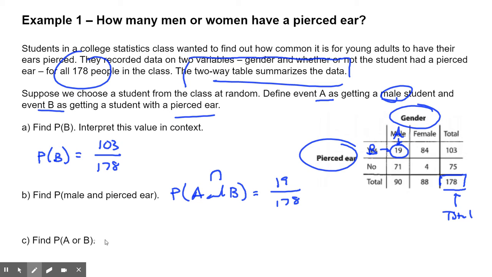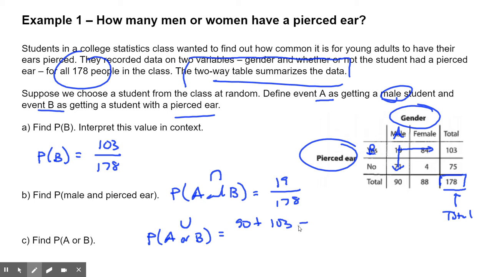Now, what about the probability of A or B? To find the probability of A or B, and again, or is the U, we have to look at all of the A's. So all of the A's are 90 plus all of the B's. All of the B's are 103.